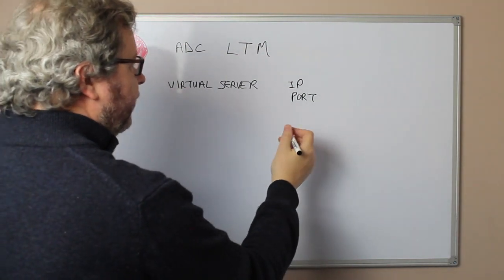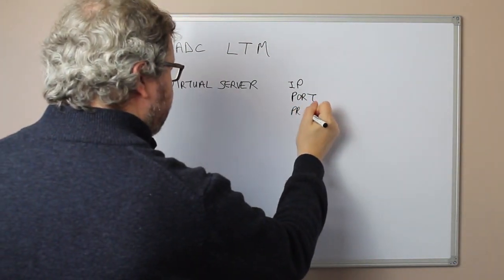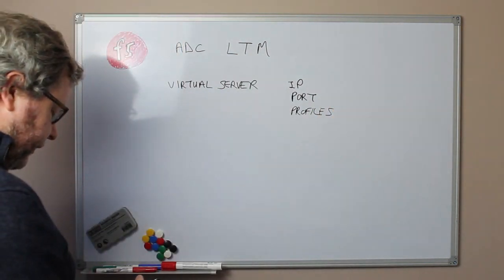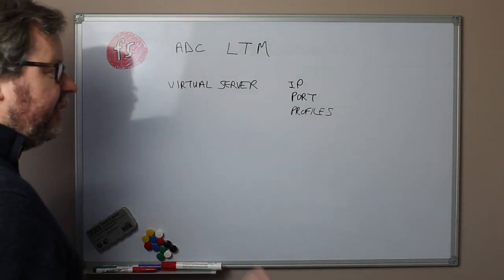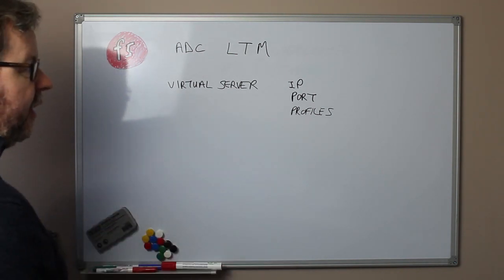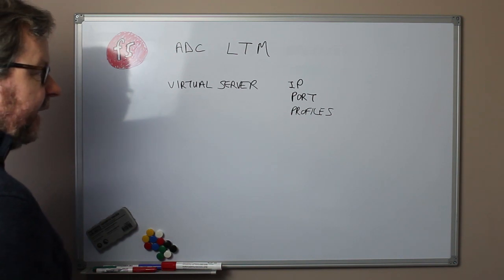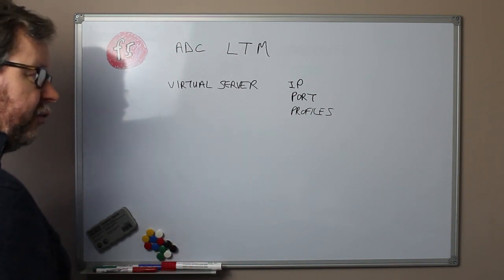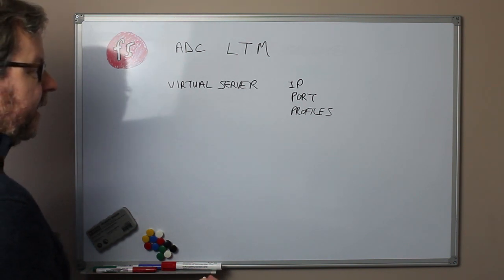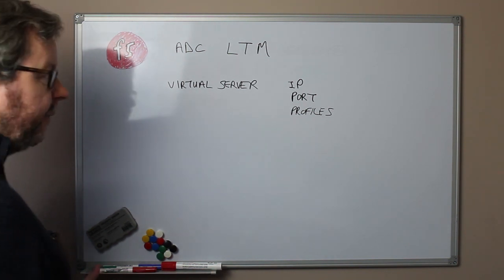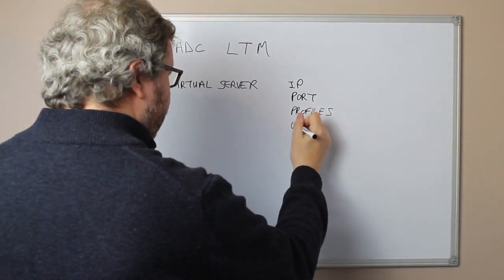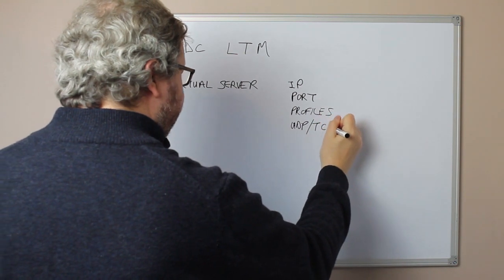There are also a number of profiles associated with the virtual server. And these profiles specify the shape, the nature of the traffic which will be arriving at the virtual server. There are a number of predefined profiles already, or you can customize these with your own. So one of the profiles will be for the protocol. Is it UDP? Is it TCP traffic?